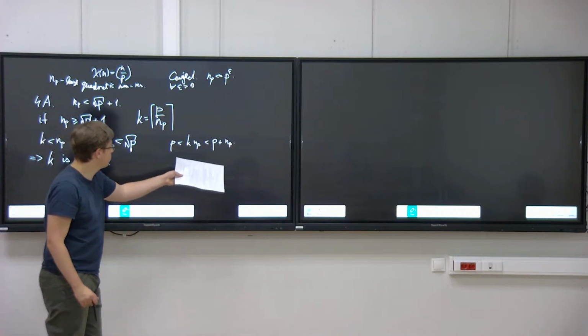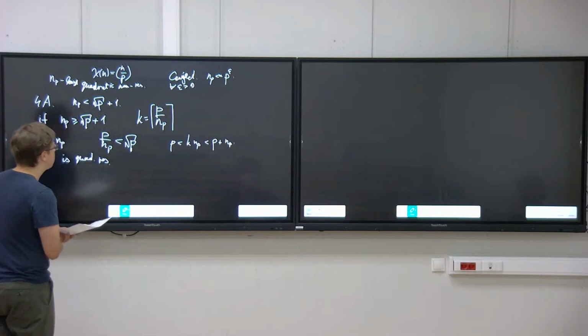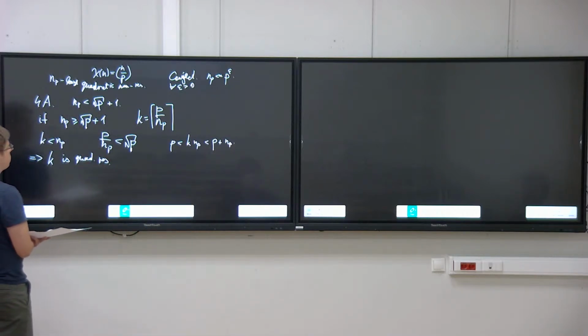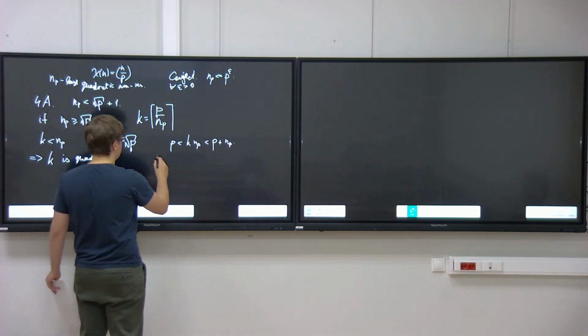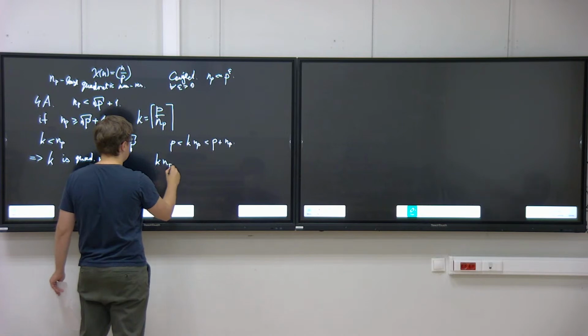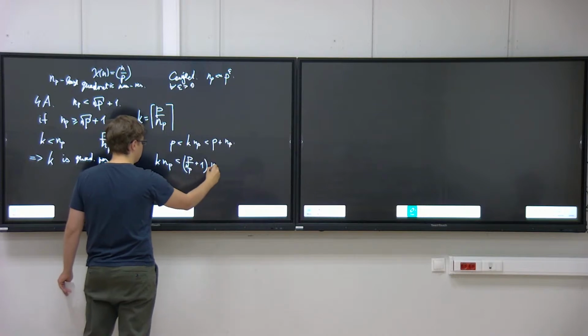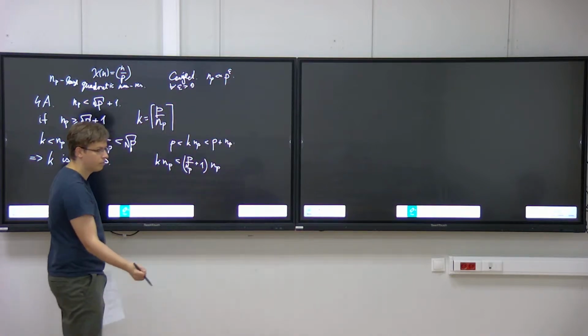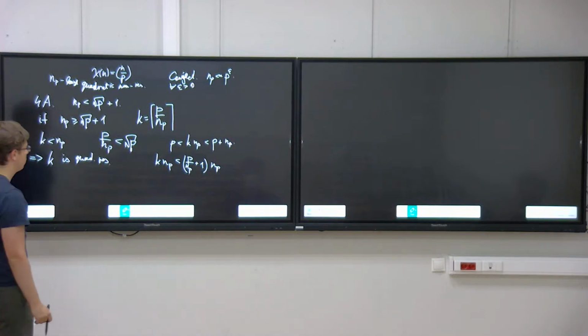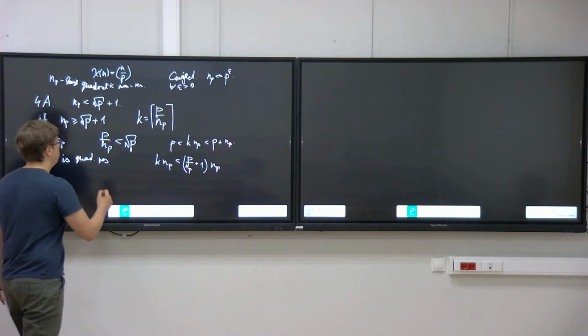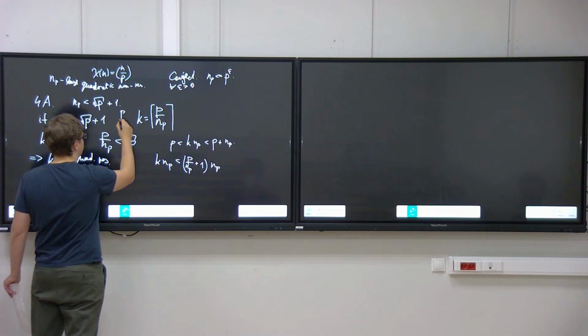А второе? Как раз из того, что если это так, тогда мы делили, и это меньше либо равно, чем p плюс 1 делить на NP. Yes. Okay. So, anyway, we use such inequality.